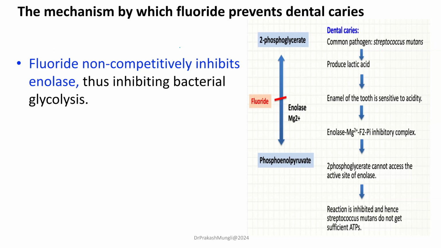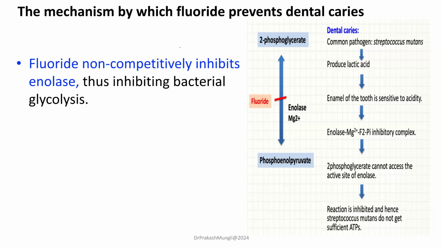Every time the bacteria try to generate ATP, they use our glucose, the glucose that we eat in the food, and break that glucose into lactate, and release lactate back into the mouth, right? And remember, lactate comes from lactic acid. If you deprotonate lactic acid, you get lactate plus H plus. That means more and more lactate coming out into our mouth around the teeth causes acidic pH there.